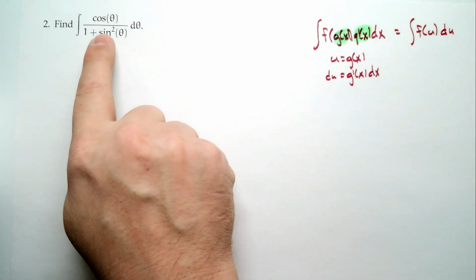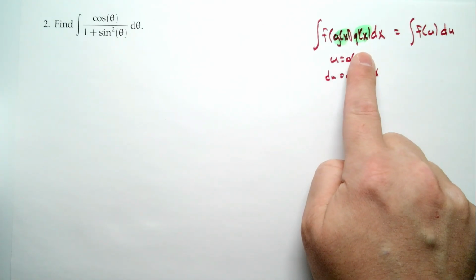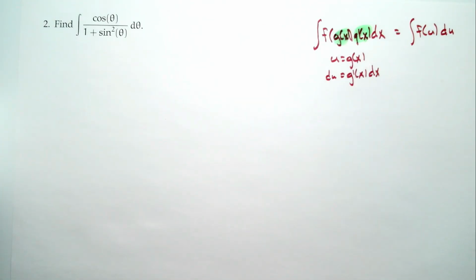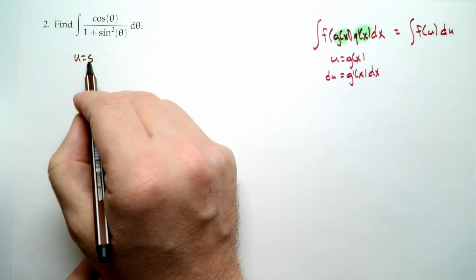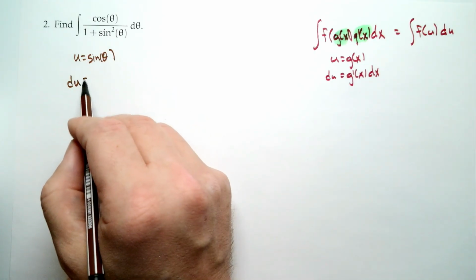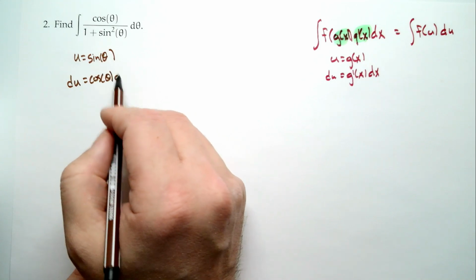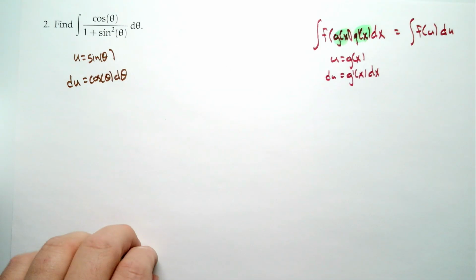So the fact that I see a cosine theta right here, and that's a nice derivative of a function, which also is showing up in my expression here, that suggests the following. We'll make a substitution. So the substitution will be u equals sine theta, then du is cosine theta d theta. Now that's not a surprise. I'm choosing u because I see something which could be a good candidate for du.